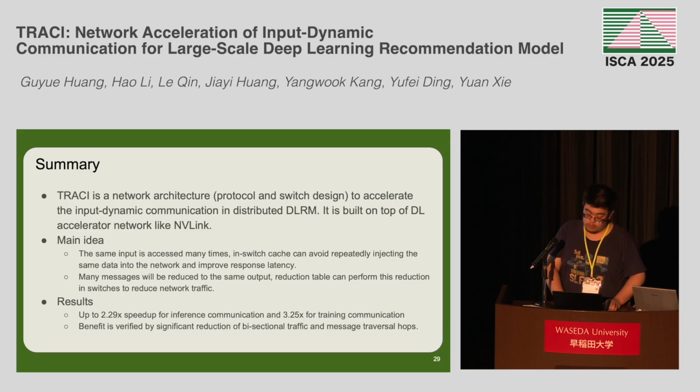The first is that the same input is accessed many times, so we could use the in-switch cache to avoid repeatedly injecting the same data into the network and thus improve response latency. The second point is that many messages will be reduced to the same output, so we could use the reduction table to perform reduction in switches to reduce network traffic. And we show the result of up to 2.29x speedup.